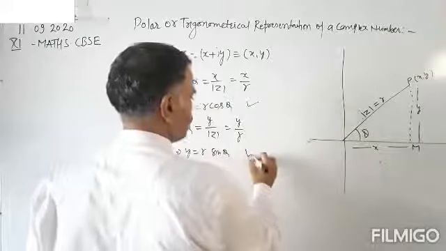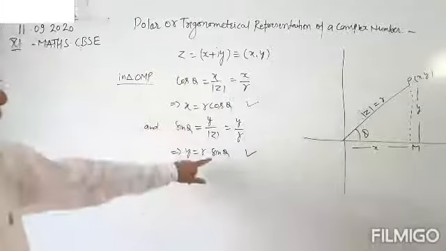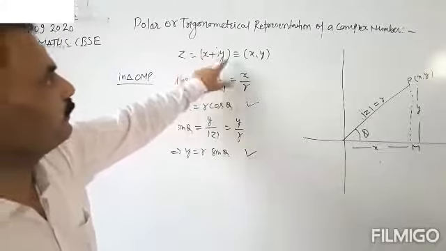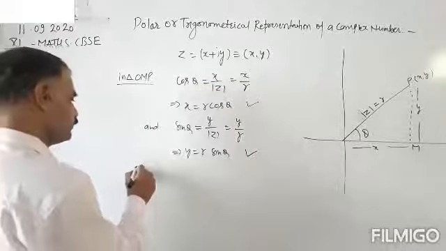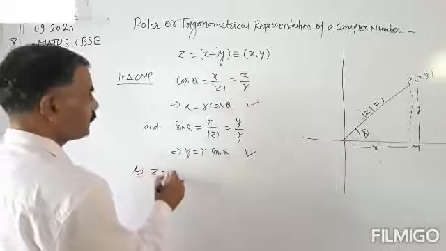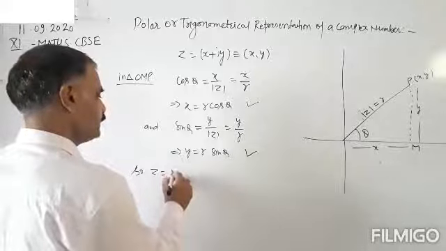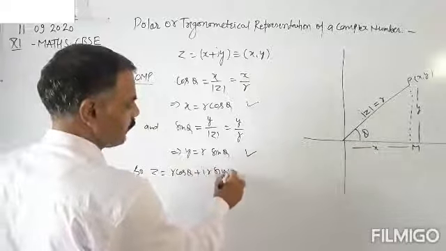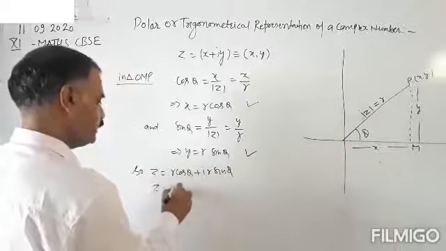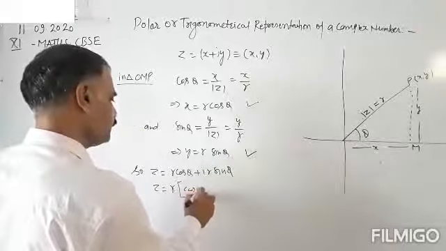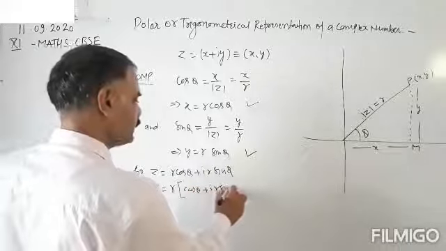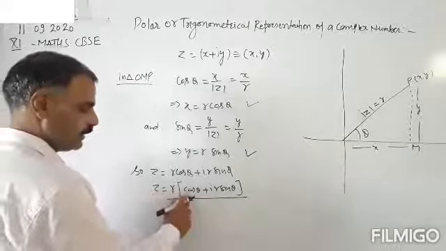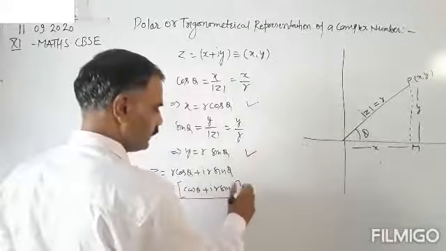So this is x and this is y. Now put this x and y in complex number z. So z equals x plus iota y, which means r cos theta plus iota r sin theta. Taking r as common, z is equal to r into cos theta plus iota sin theta.